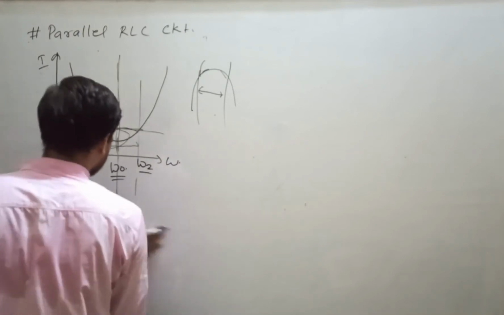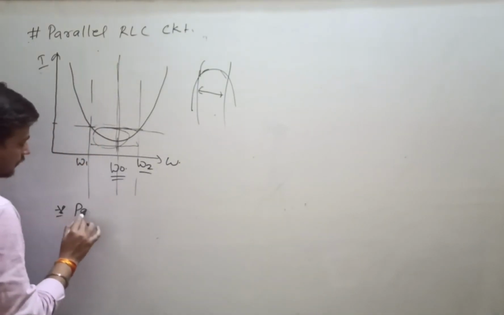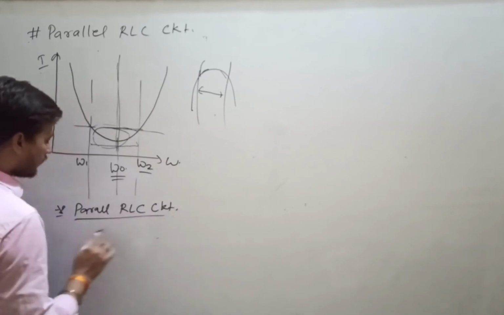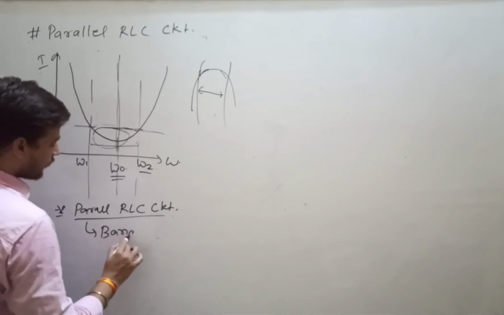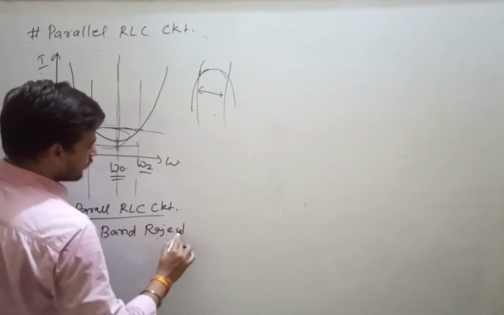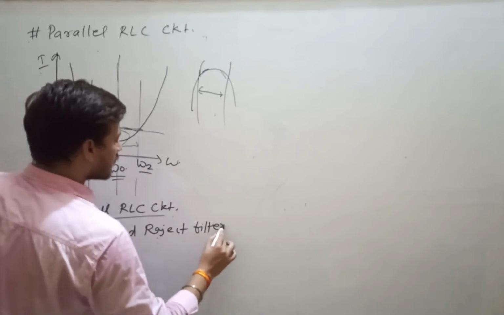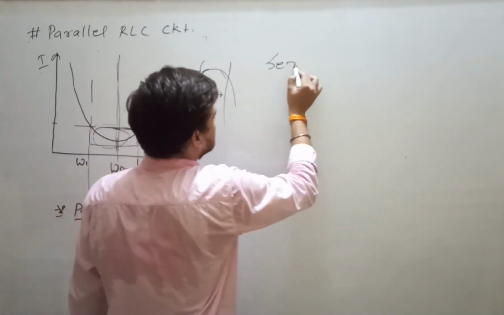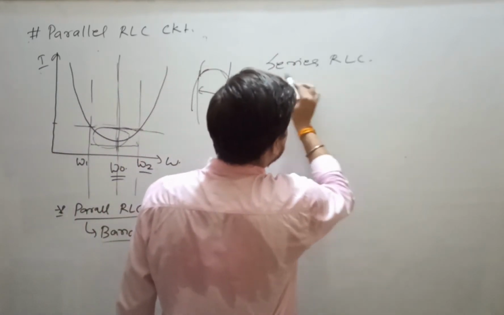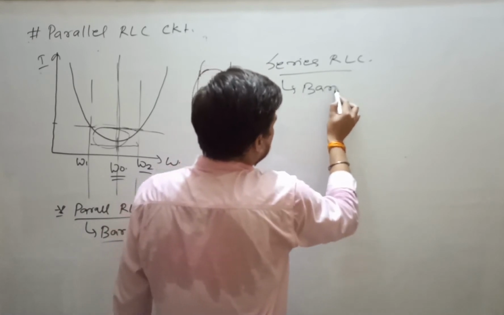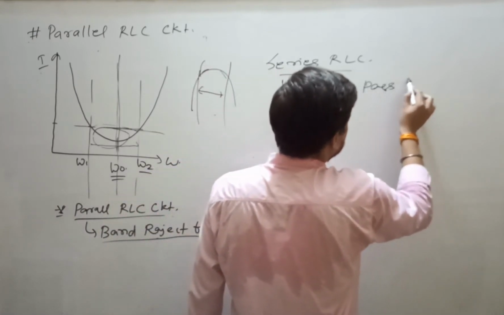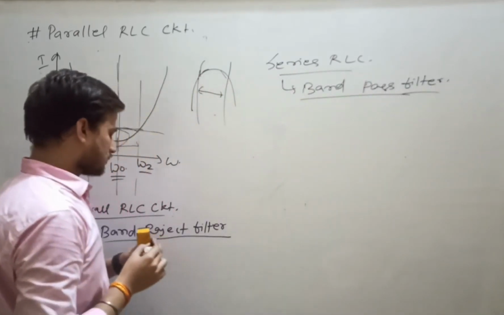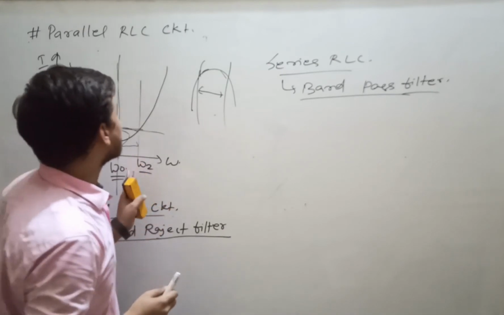So you can write: parallel RLC circuit is acting like a band reject filter. Band reject filter means the filter that rejects some particular band of frequency. You will simply write series RLC circuit as band pass filter. Clear? So you got band reject filter and band pass filter. This is about the parallel RLC circuit.